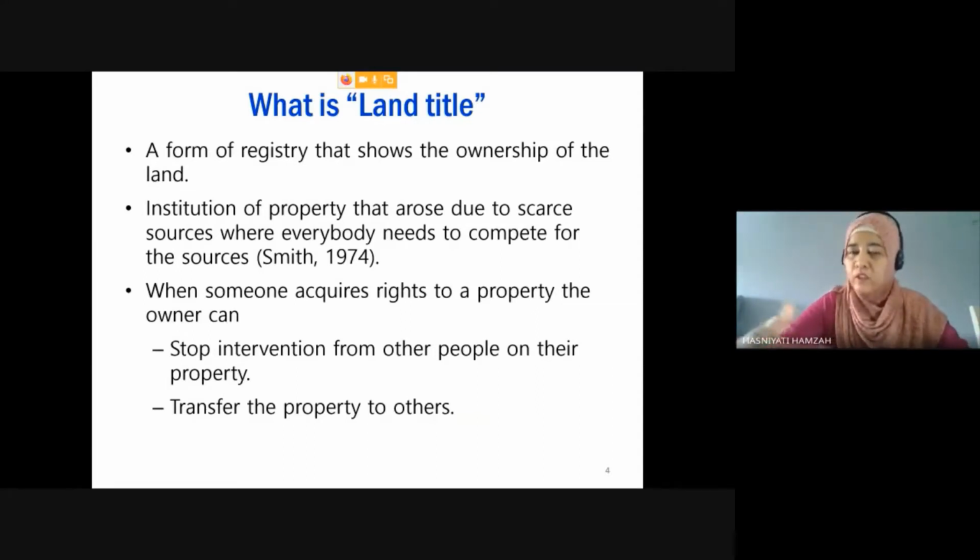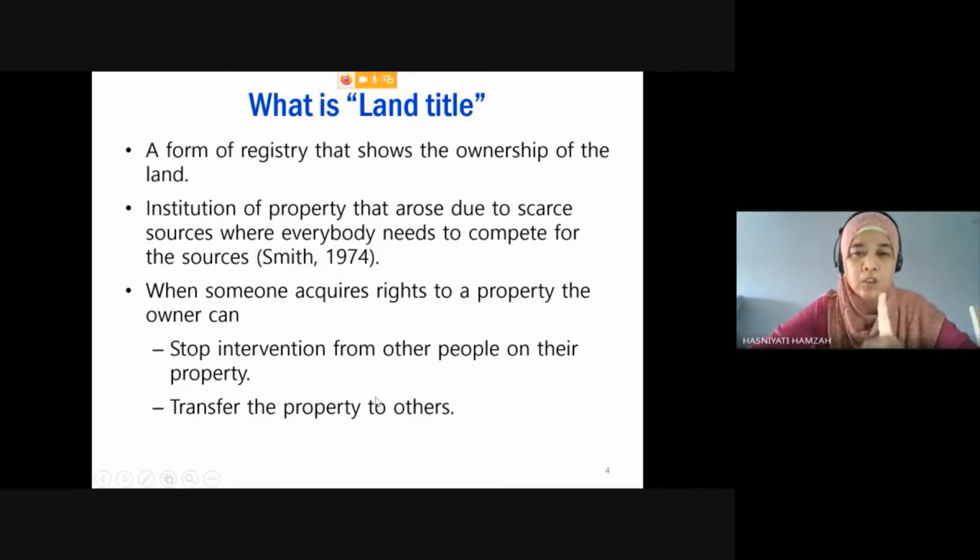That's one. Two, with the title, he has ownership, so he can transfer the ownership to another party. Without the title, he cannot prove his ownership, therefore he cannot sell his ownership to another party. The title enables the proprietor to transfer the property to others.